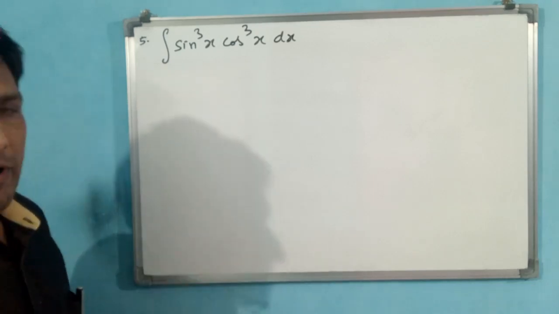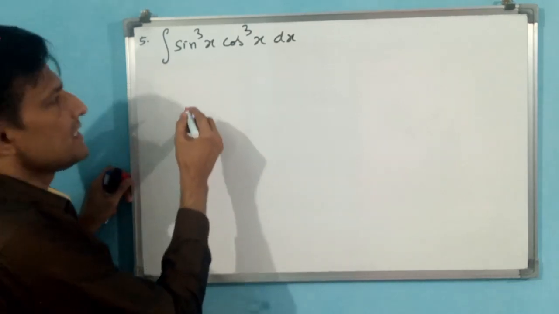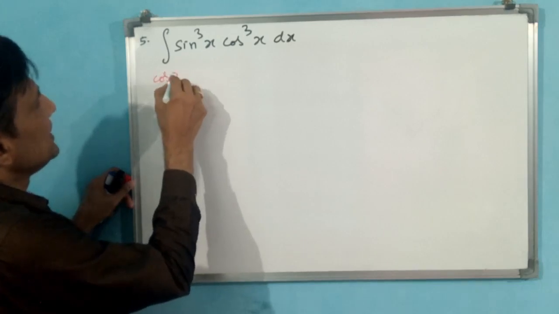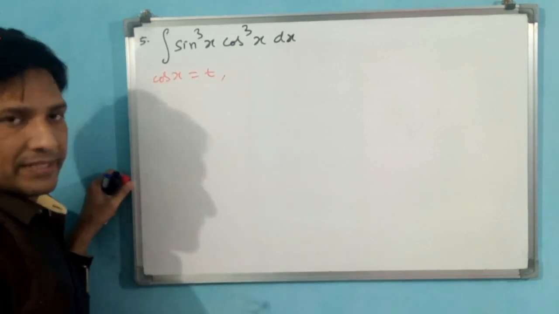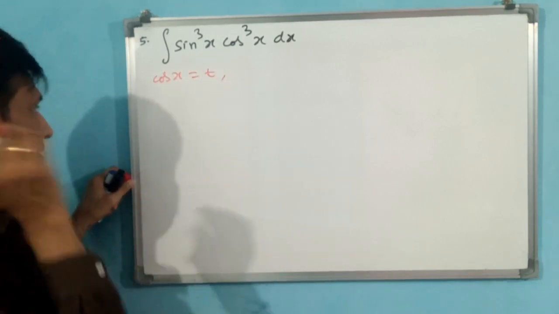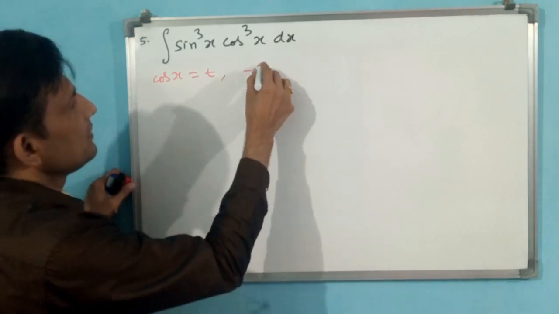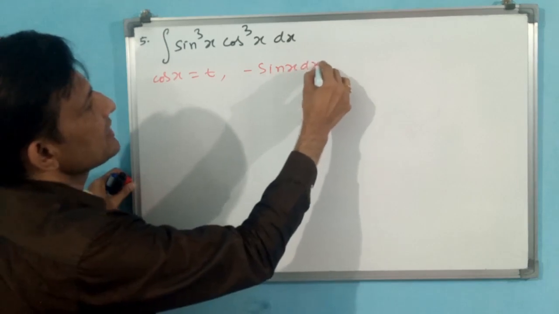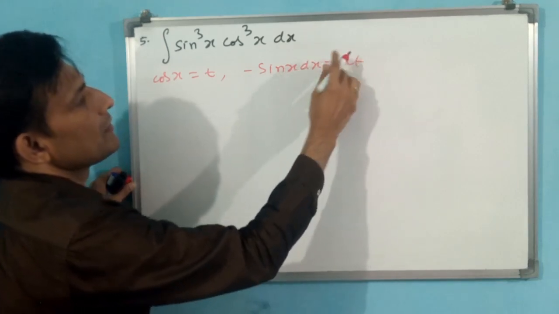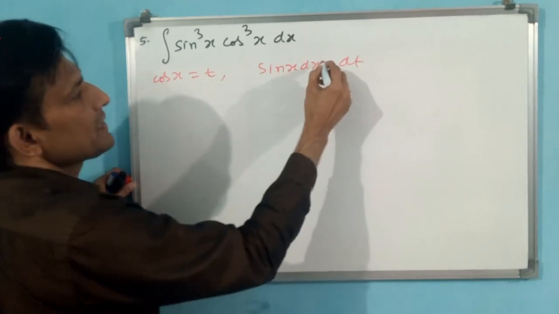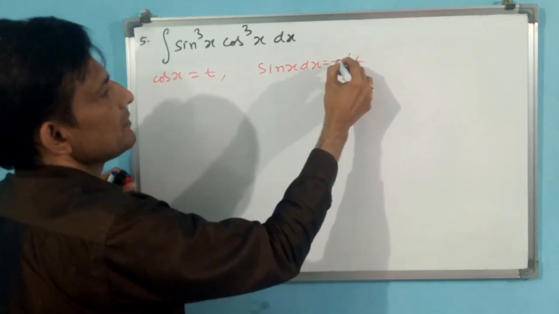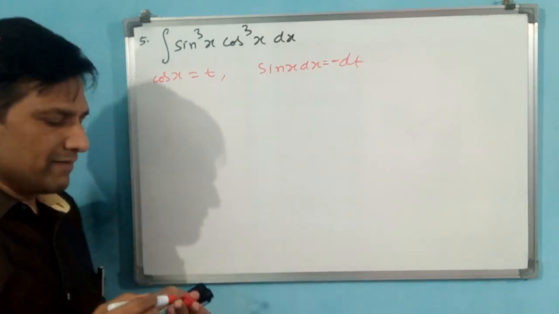I am taking cos x as t. If I take cos x as t, then d by dx of cos x is minus sin x, so minus sin x dx is equal to dt, or else we can write sin x dx is equal to minus dt. This you keep in your mind first.